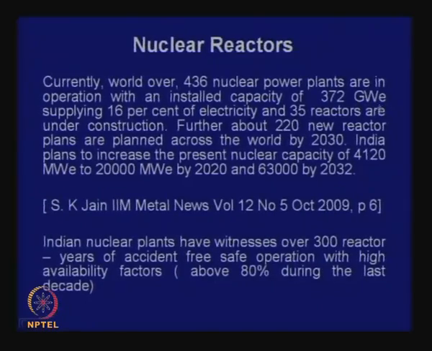What is that unit? Sorry, I am not very clear about the unit. And it was supplying 16% of the electricity in world electricity consumption. 16% is coming from nuclear reactors.